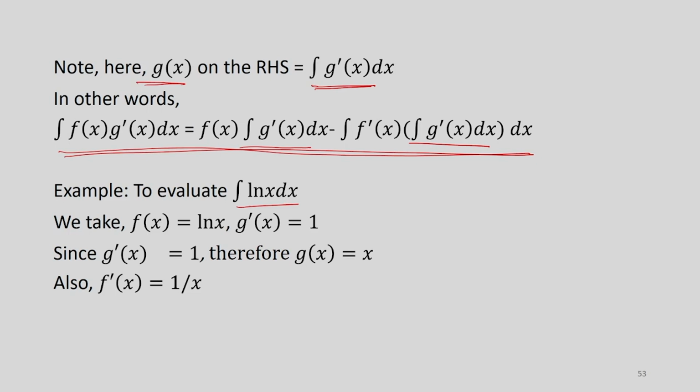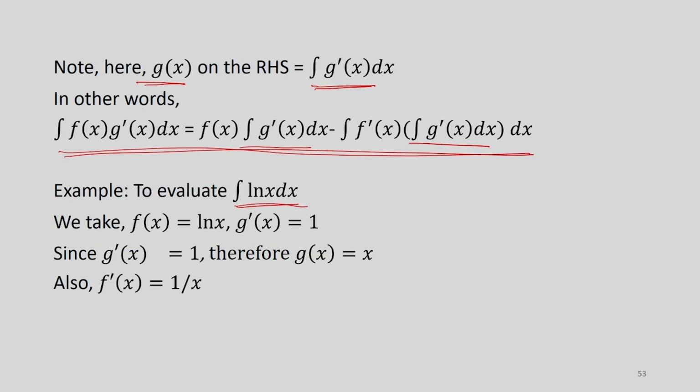Just to recall, we know how to differentiate log natural x with respect to x, but so far we have not seen the integration of log natural x dx, and here we are going to find out how we can do that. So, this can be done by integration by parts.